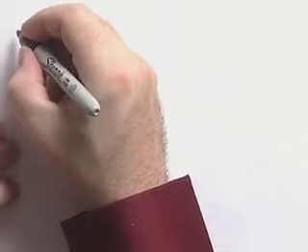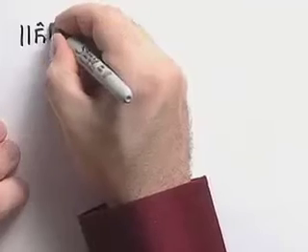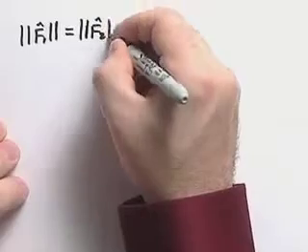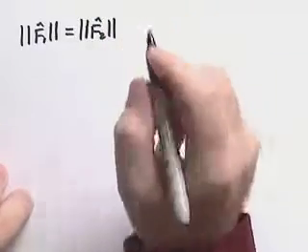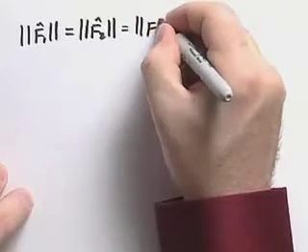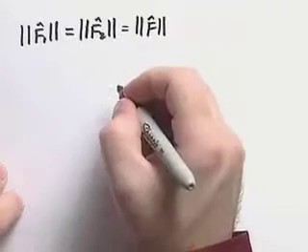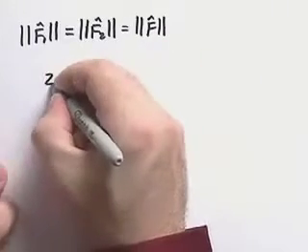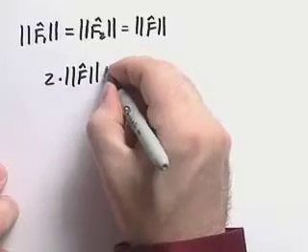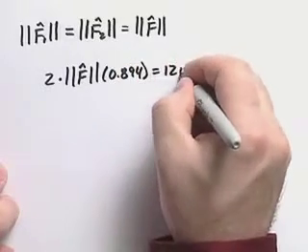The first equation gives us that the magnitude of force 1 must equal the magnitude of force 2. If we call this common value the magnitude of F, where F is that common force, we can substitute that into our second equation to get 2 times the magnitude of F times 0.894 is equal to 1200.